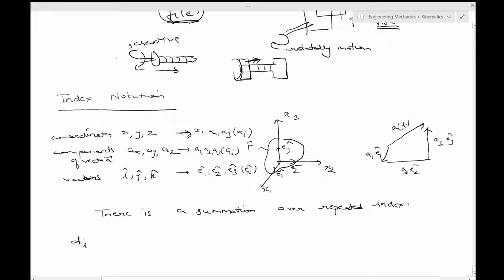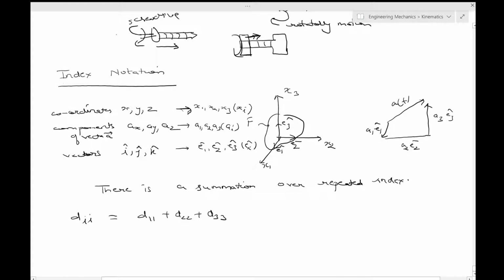So if you have dii, now see that there is a repeated index i over here, so that means you have to sum it over. So this will become d11 plus d22 plus d33. Similarly, if you have aj bj, the repetition is over j, and you can write it as a1b1 plus a2b2 plus a3b3.